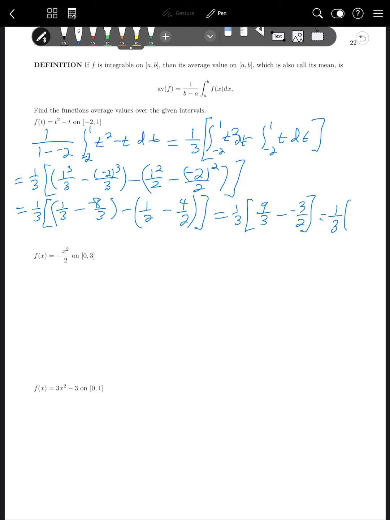So 9/3 minus negative 3/2 is 3 plus 3/2, so that's 9/2. Multiply those together and you get 1/3 times 9/2 is 3/2. So the average value of this function over the interval would be 3/2.